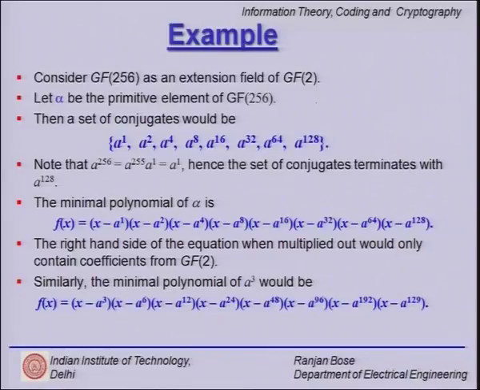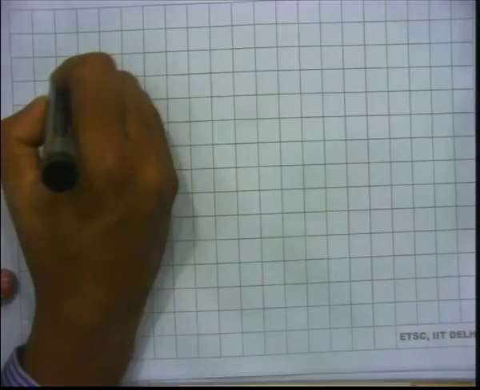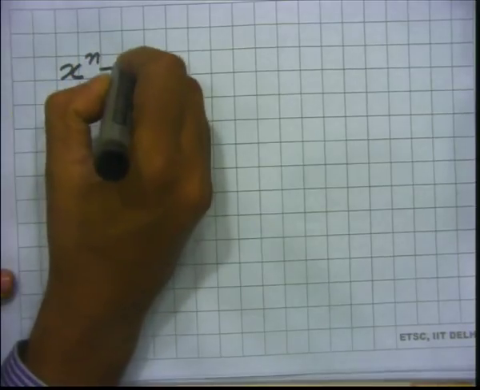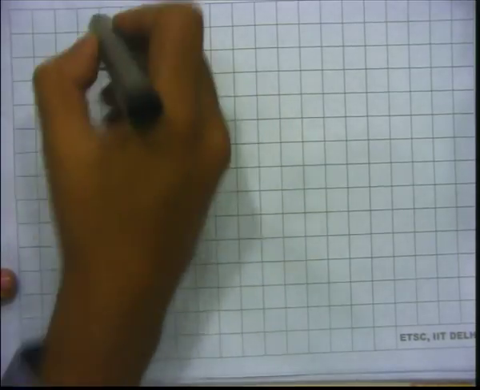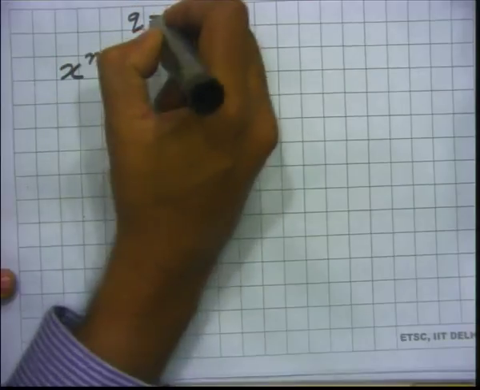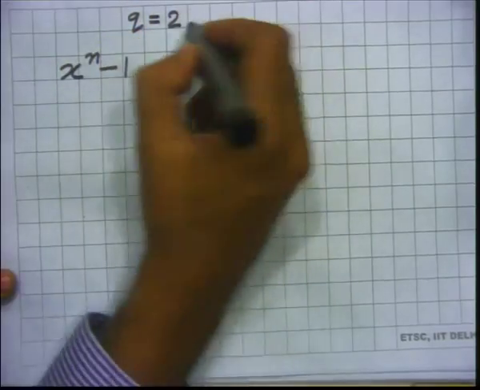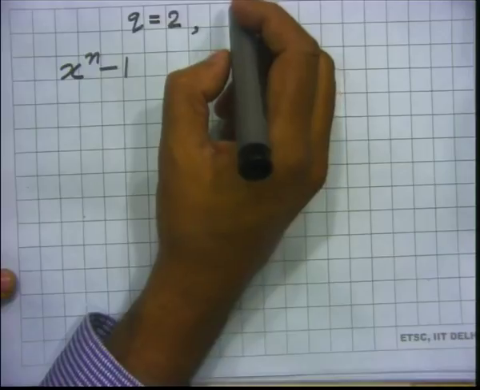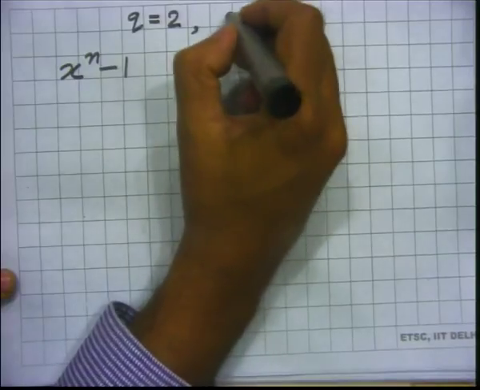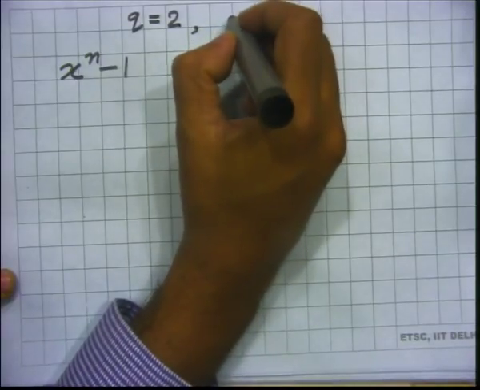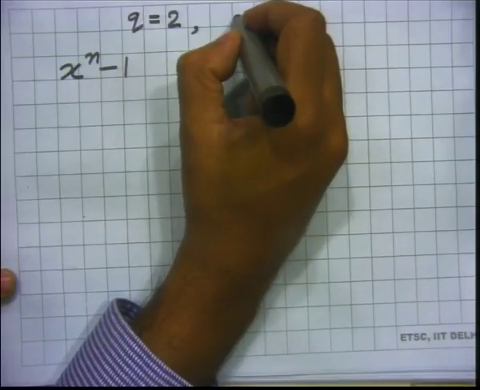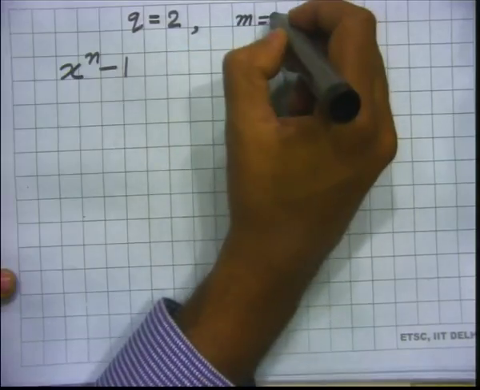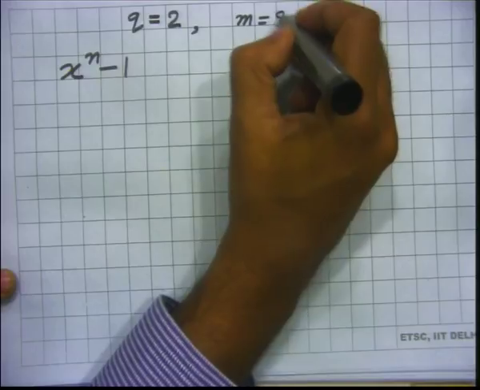So, if you look at factorizing x raised to the power n minus 1, in this example q is equal to 2, and we have m, suppose m is equal to 8.